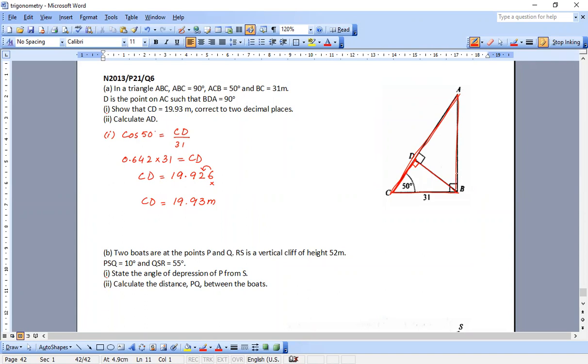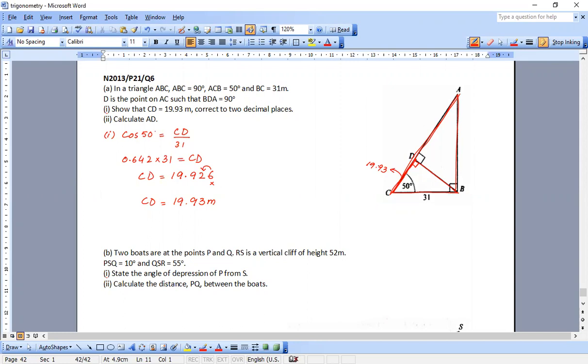In order to calculate the value of AD, I can very clearly say that the value of CD is 19.93. If I knew AC, I would subtract 19.93 from AC and I would have got AD.